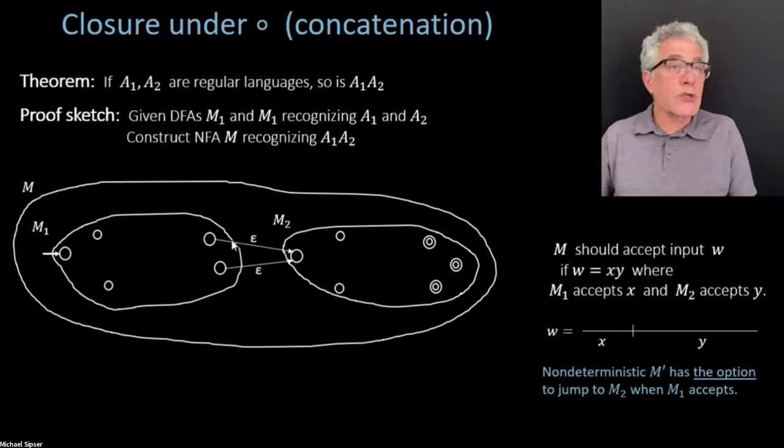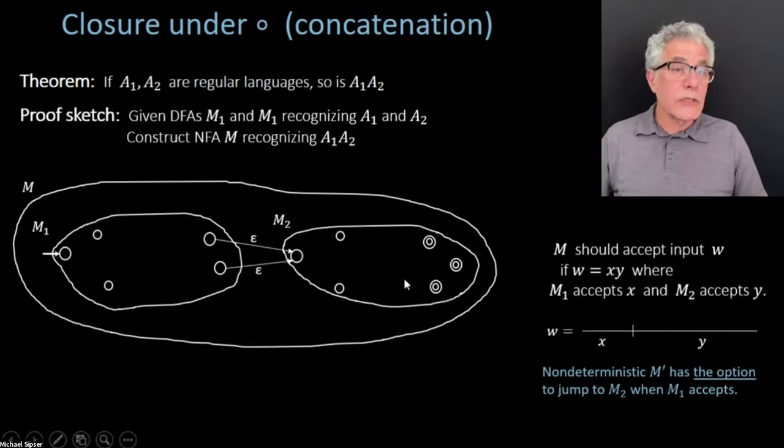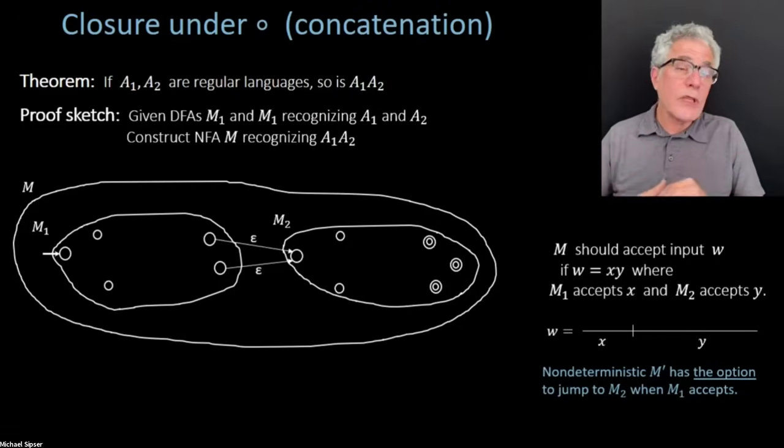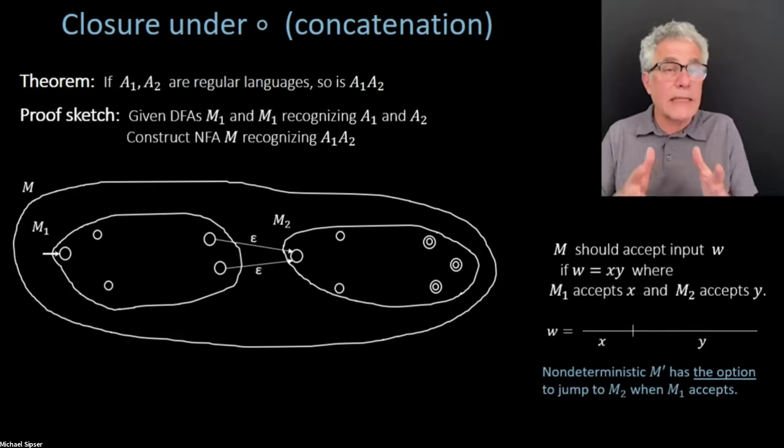So it's using this non-determinism now to both stay in M1 to continue reading more of the input and to jump into M2 to start processing what might be the second part of the input, which M2 accepts. And you can think of it in terms of the guessing, that the machine is guessing where to make that split.